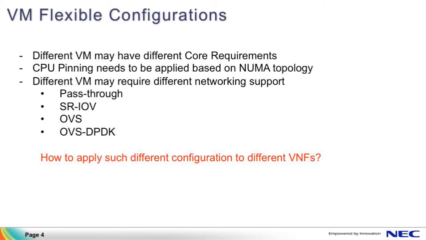For example, the vNICs from the VM might connect to a pass-through type of interface, or an SR-IOV, or a simple generic OVS, or maybe an OVS DPDK, where you want better I/O performance. The question is, in a typical scenario, how can you flexibly map these types of configuration to each of the VMs when they are getting booted on the physical machines?